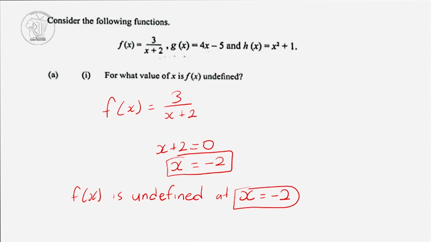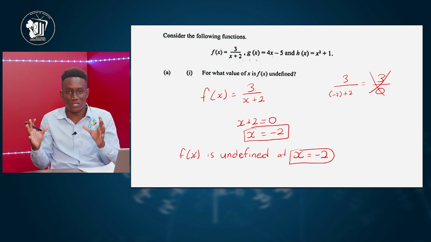So what this means is, if we substitute negative 2 for x, we'll have 3 over, instead of x, negative 2 plus 2. And this will give us 3 over 0, and this is undefined. And that is what it means to find the value of x when f of x will be undefined.